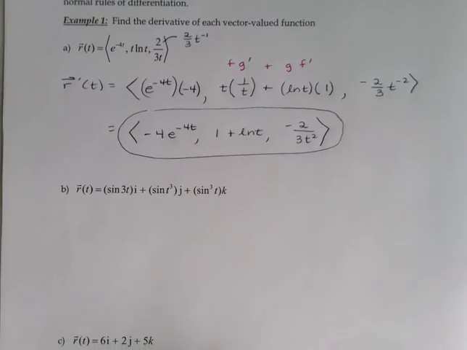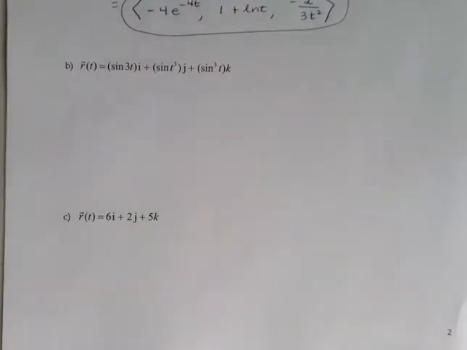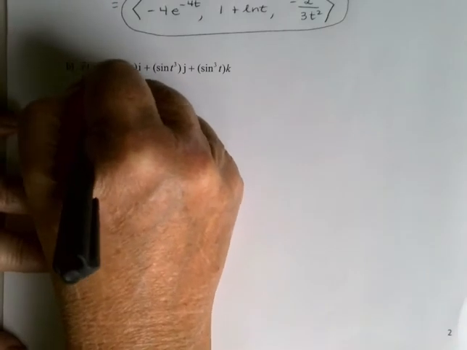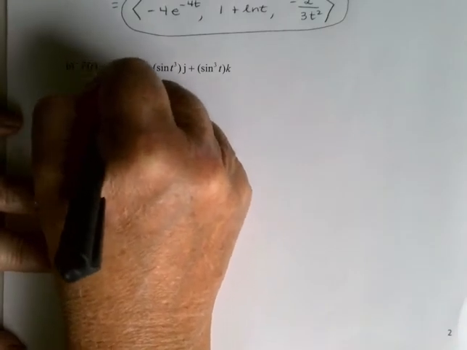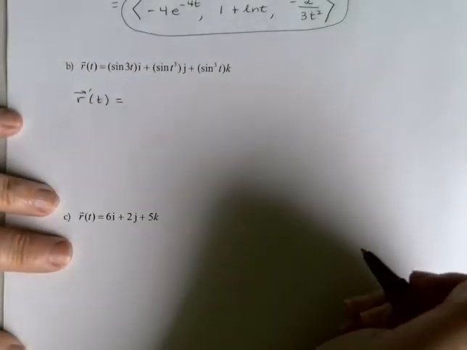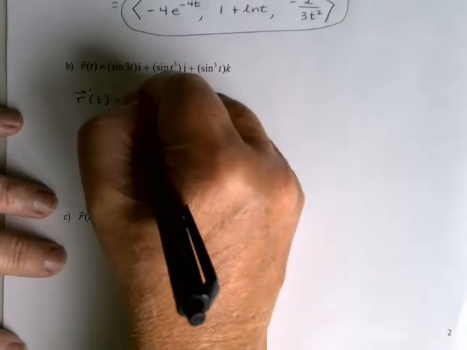All right, let's do a couple more. This next one is there to remind you of some similarities and differences with specifically the derivatives with trig functions. I would again like to find r prime of t. And this happens to be in the ijk form, so I'll write my answer in that same format.